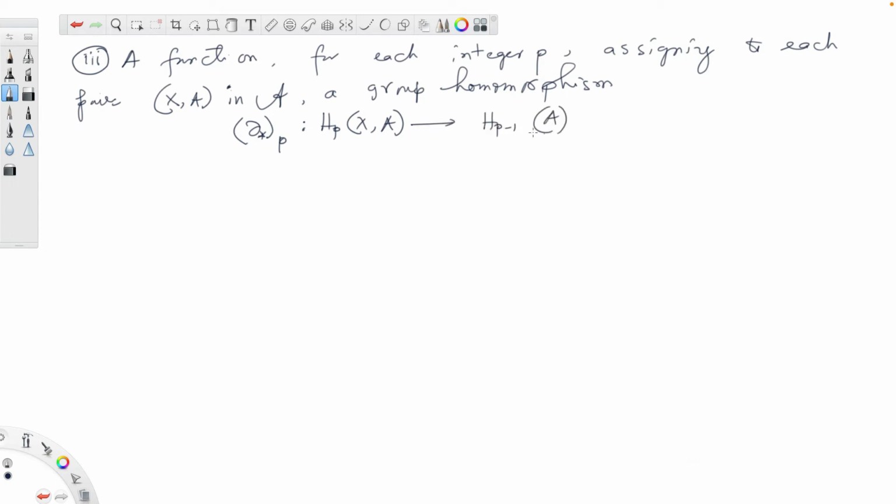So these are two objects in the category of abelian groups, and there is a group homomorphism between them, which we denote by del star at P, which we discussed earlier. So in that spirit, we can call it homology boundary homomorphism.